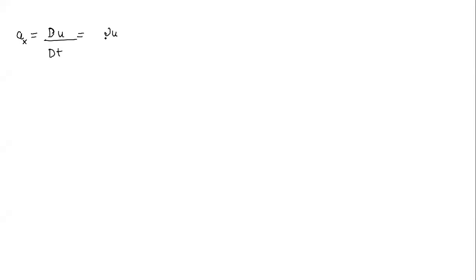Then this is delta u by delta t plus u delta u by delta x plus v delta u by delta y plus w delta u by delta z. So this is the variation of the x component of the velocity along x direction, y direction, z direction, and then with respect to time.